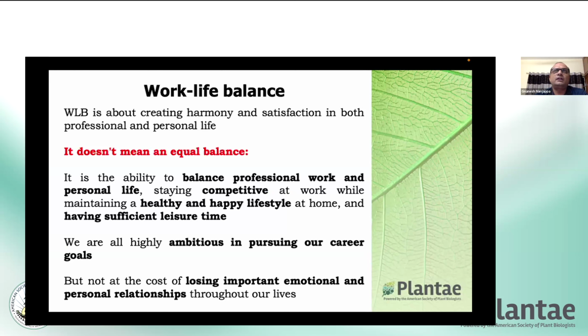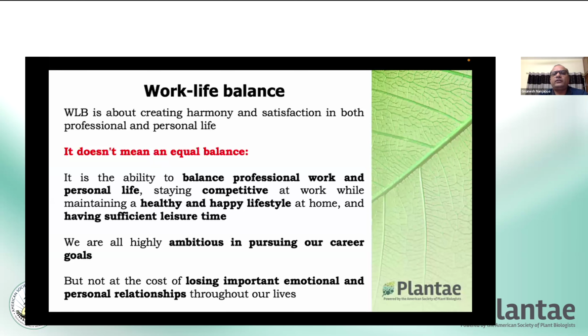The harmony should exist, and it doesn't mean that it should have an equal balance, 50% of professional life and 50% of personal life. No, it's very unique to the person. So it is the ability to balance both professional work and personal life, staying competitive. It's very important to be competitive at professional work while maintaining a healthy and happy life at home, and also having sufficient leisure time.